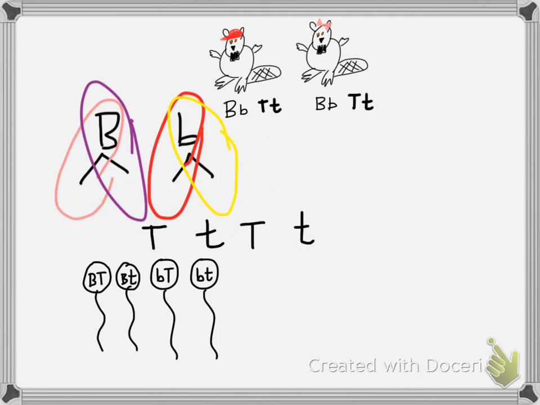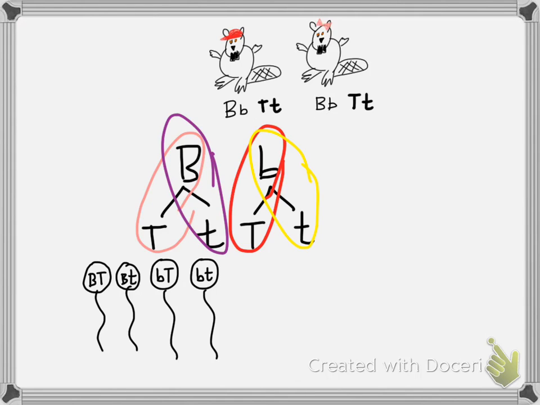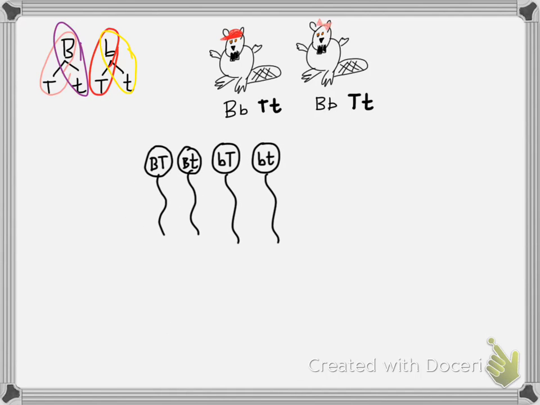Now, for Becky's eggs, what are the odds? What are her eggs going to look like? They have the same genotype. Guess what? The odds for her eggs are identical. So in the monohybrid cross, we crossed 1 trait at a time.